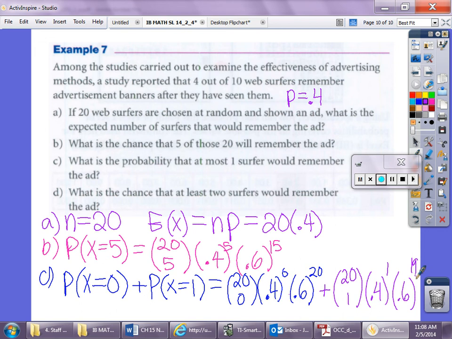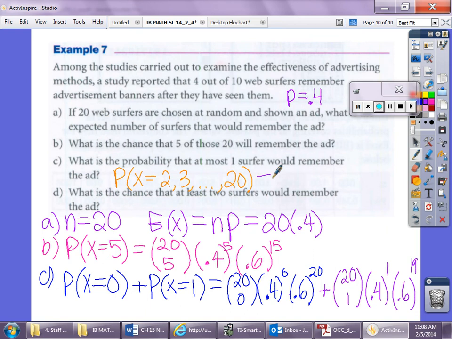And then part D, which I'll have to squeeze up here. What is the chance that at least 2? At least 2. So that would be the probability. At least 2 would be 2, comma, 3, comma, all the way up to 20. So I'm going to do this one as a complement. And I would do 1 minus the probability of x equaling 0 and 1.